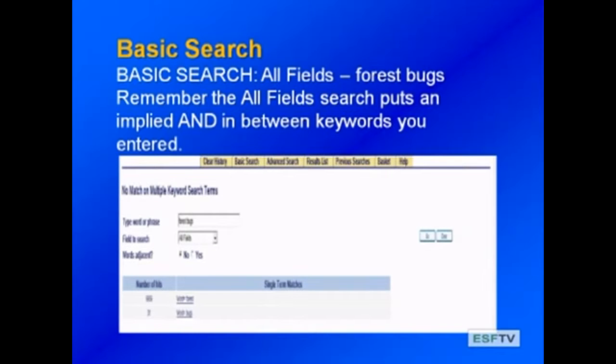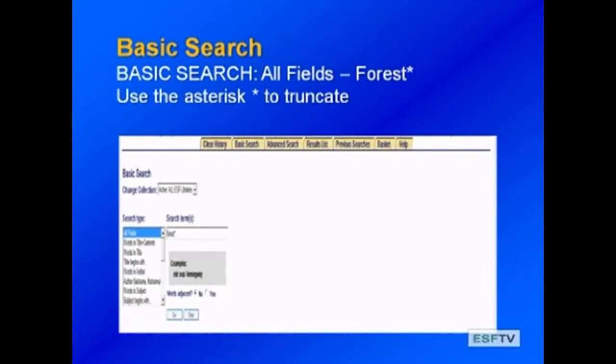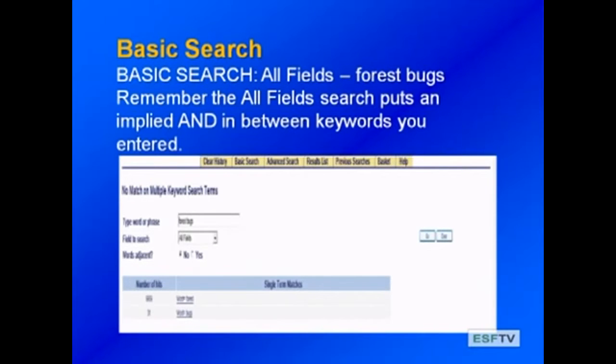This is kind of a silly search here. We're going to search for forest bugs. It's important to remember that when you do a keyword all field search in that default search box, it puts an AND in between your words. So we probably have things about forests and we have things about bugs, but when you do a search for forest bugs, oops, let me go back a screen there, you actually get no results. And up at the top there it says no matches.